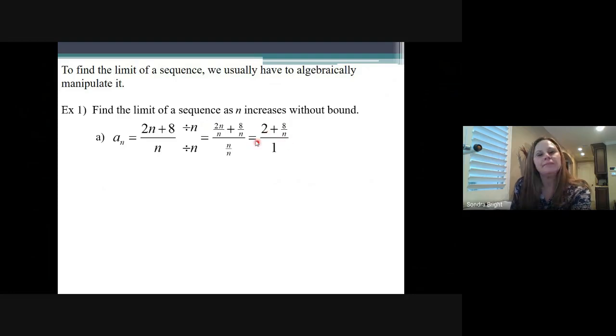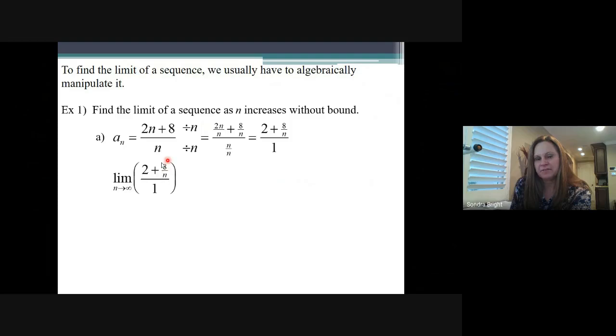And now, when we take the limit as n goes to infinity of this manipulated expression, remember the limit from the previous slide, the limit as n goes to infinity of 1 over n goes to 0. Well, this is just like 8 times that, so that whole thing goes to 0.